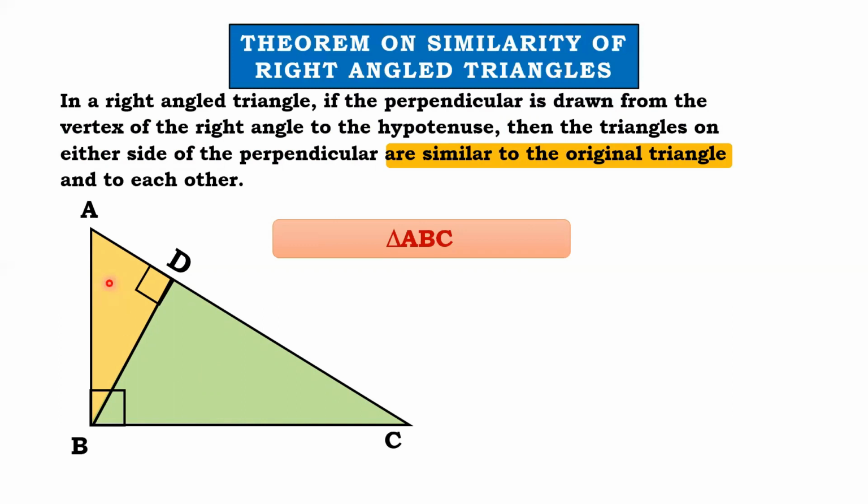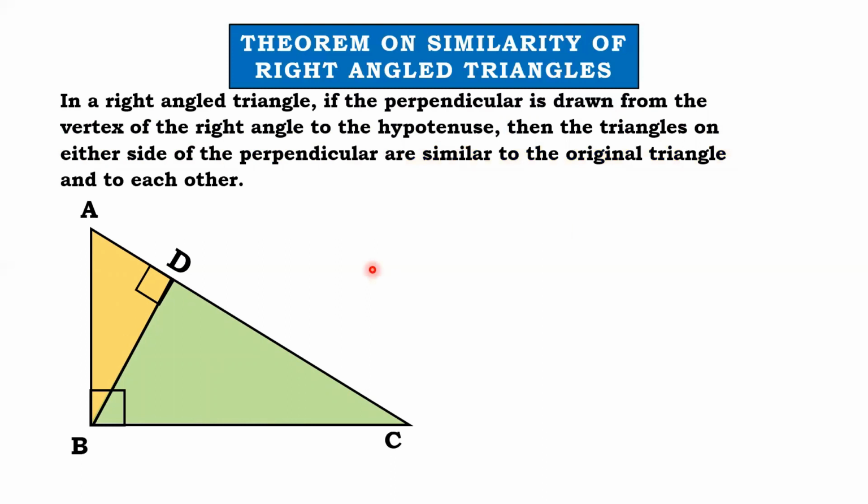That means this smaller triangle is similar to the bigger triangle ABC. Is it clear? And to each other also.